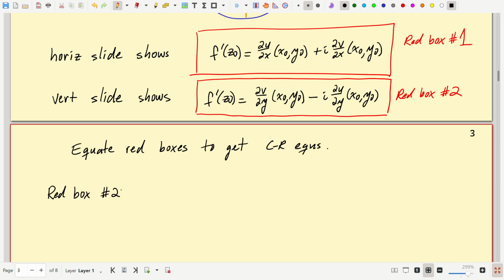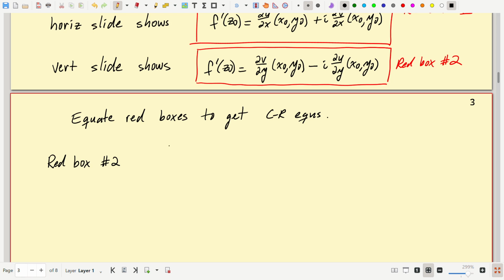If I'm sliding in along the vertical direction, so here's z naught equals x naught plus i y naught. And so z sliding in along the vertical direction would be z equals x naught, the same, but I'd have an iy.